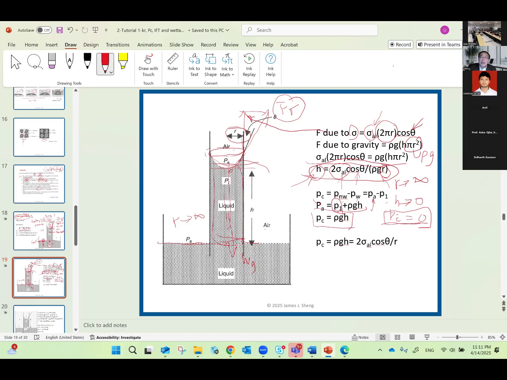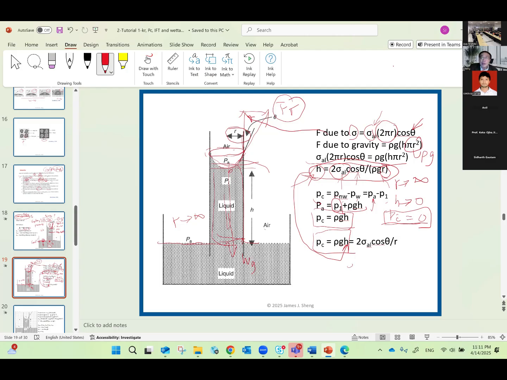All right, so we have this relationship, PC equal to rho g H. What is H? We put H here: H equal to 2 sigma cosine theta over rho g R, right?